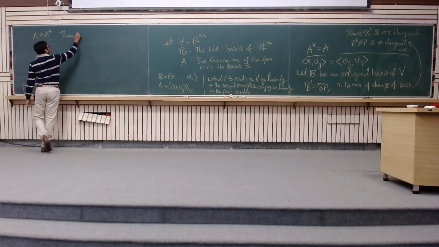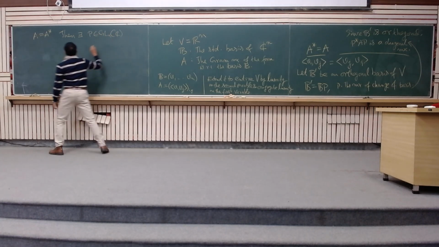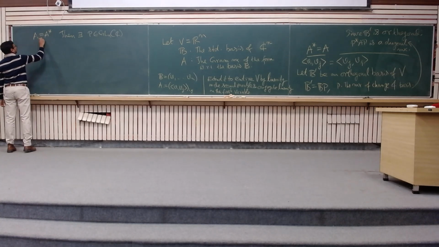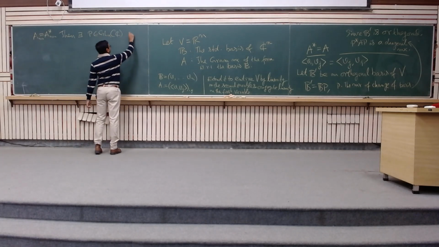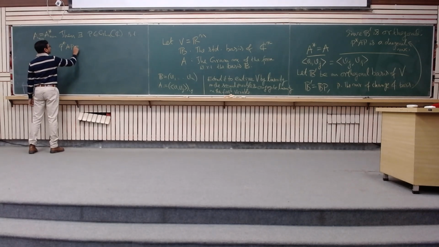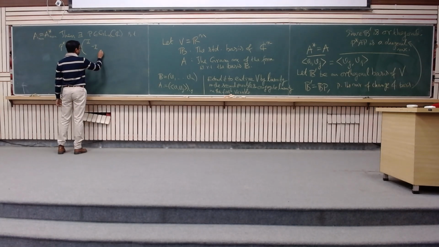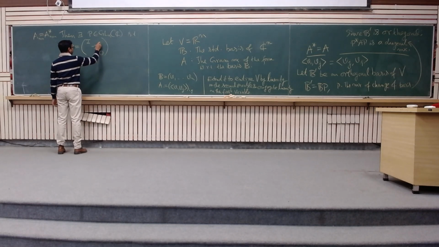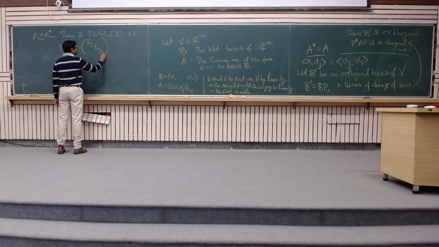Then there exists P in GL_n(C) such that P star A P is equal to an identity matrix here, a minus identity matrix here, of course their sizes may be different, and 0 here, and it's 0 everywhere else. It's customary to denote these sizes by P, M, and Z.